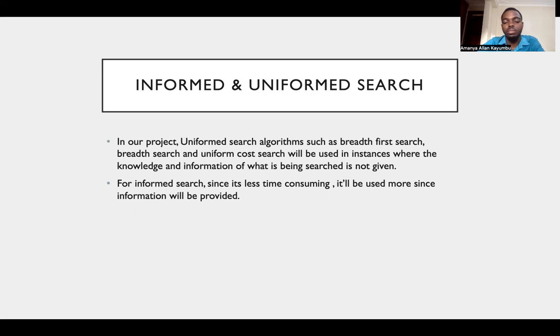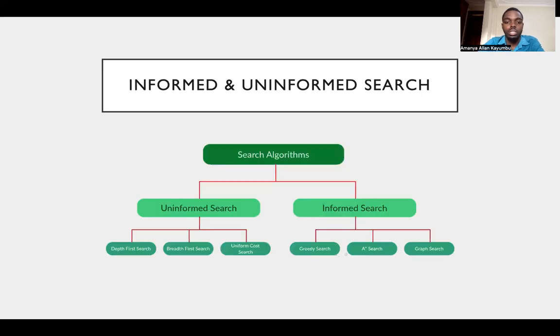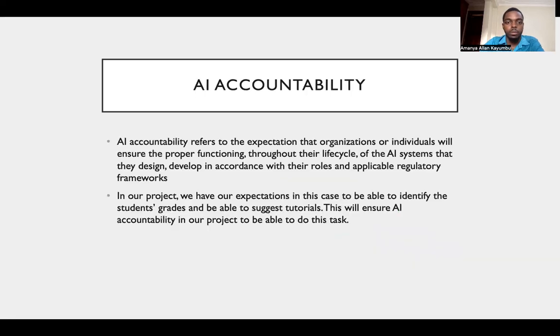Maybe in certain circumstances, yet to be discovered, an uninformed search will be used. But for informed search, I can definitely say it is less time consuming. It will be used more since the information will be provided, which in this case are the grades. This is a small image to show that there are such algorithms in general, informed and uninformed, and the different types under each case.